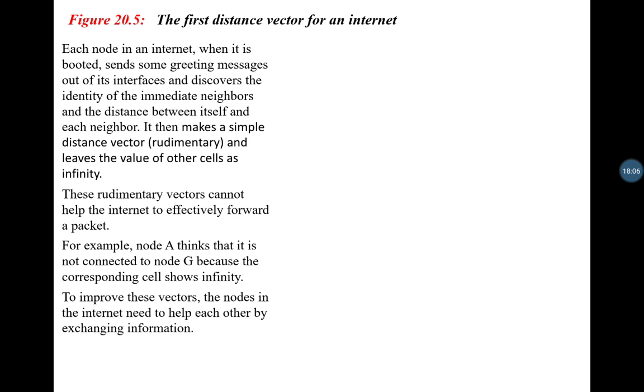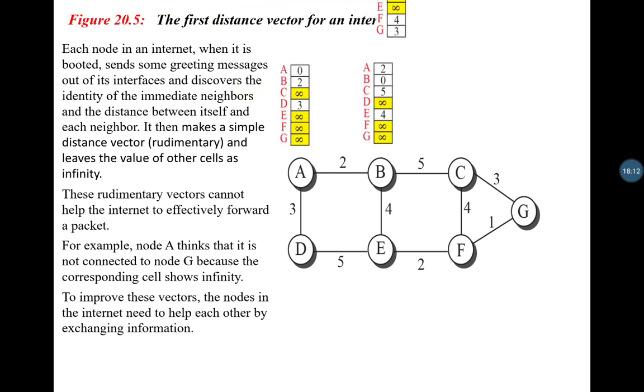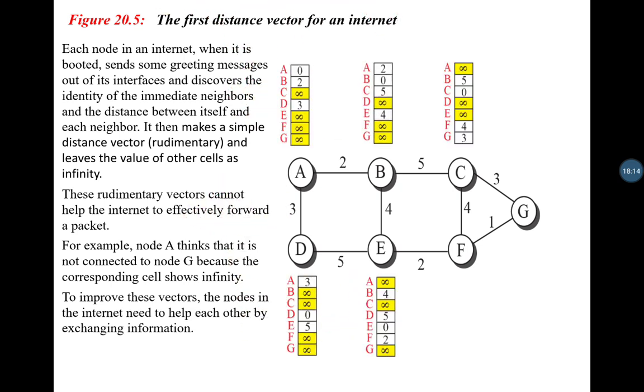Now, how does each node originally create the corresponding vector? You can see here each and every node's vectors are shown. So each node in the internet, when it is booted, creates a rudimentary distance vector with the minimum information the node can obtain from the neighborhood.